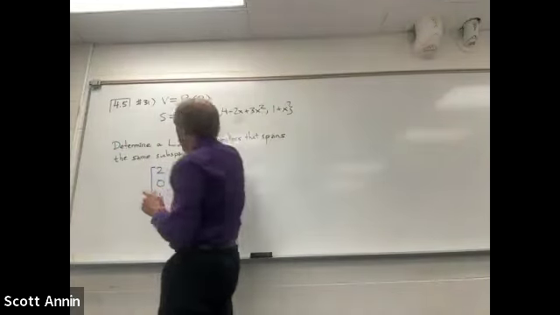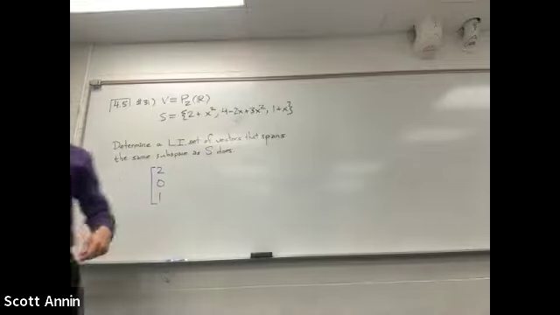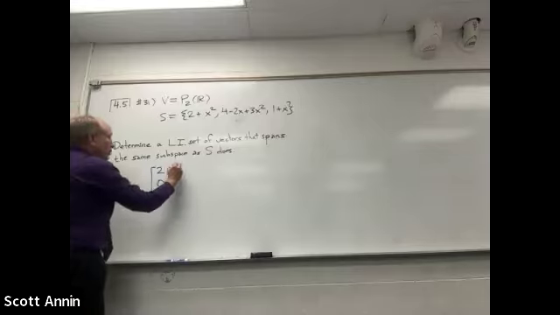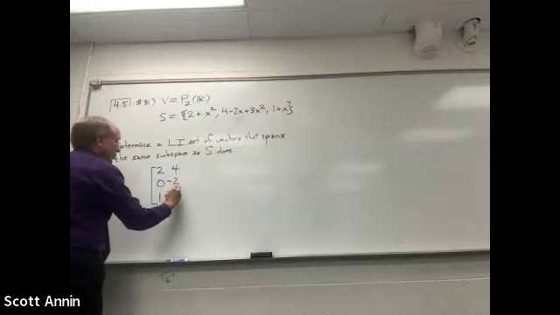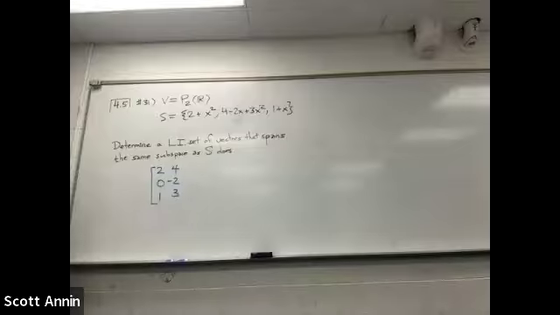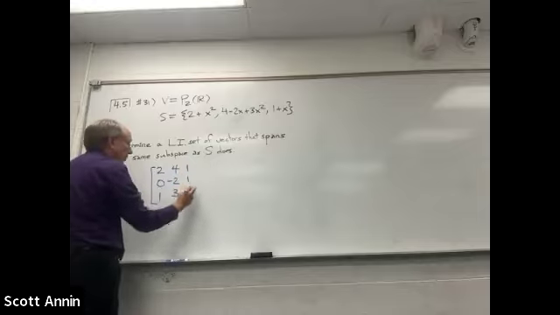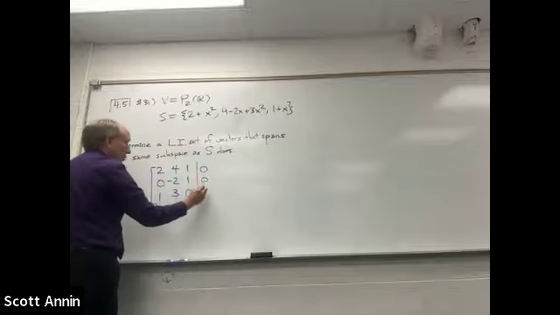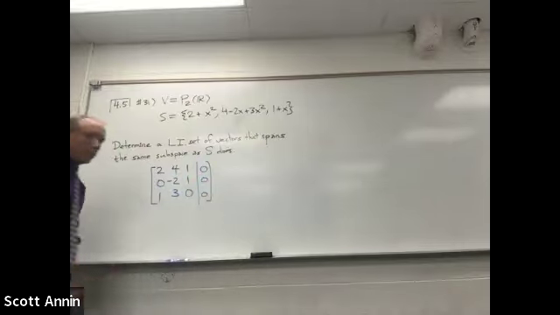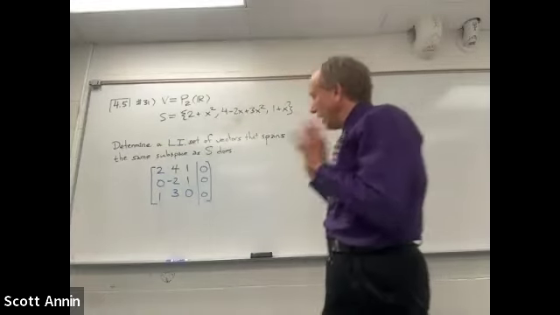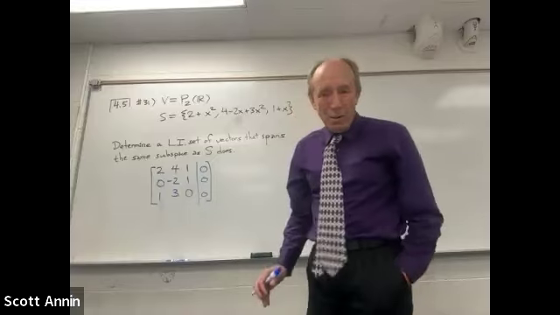It's just the coefficients of the powers of x that go into the matrix itself. The second one has coefficients of 4, -2, and 3. And the last one has coefficients of 1 and 0. We're going to augment this again with a column of zeros like usual. And I'm starting off asking, are these vectors LI or LD?